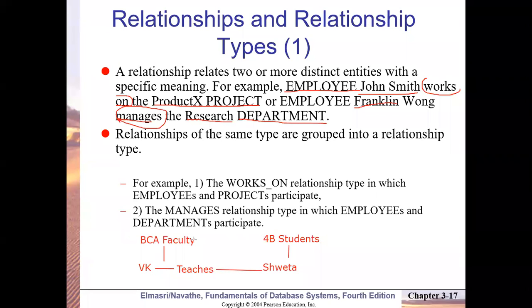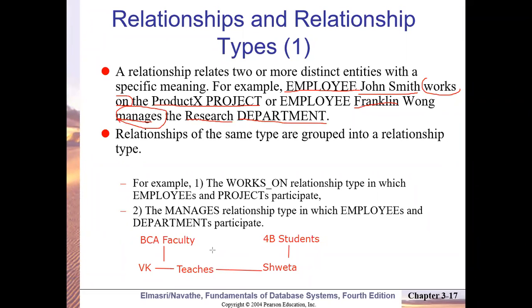Now, when the two entity types share a common relationship, then that relationship also becomes a group of relationships, isn't it? Like VK teaches Shweta, VK teaches Manisha, VK teaches Manish, VK teaches Sanjeev.